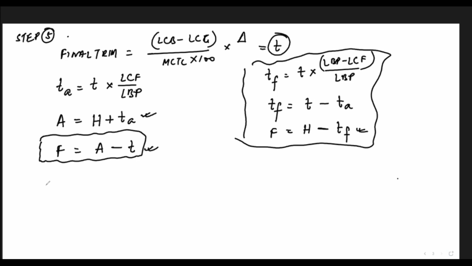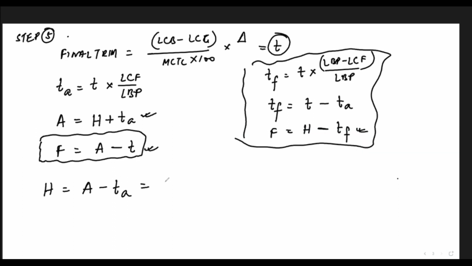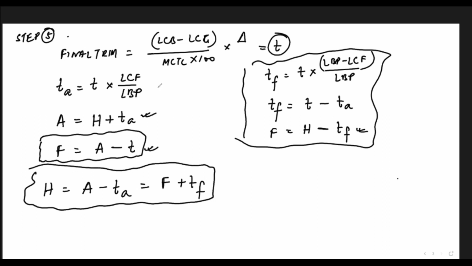Why? Because my hydrostatic draft, when I calculated, you see the formula that we have from before. Formula क्या है? H is equal to A minus TA is equal to F plus geometric. And इसमें से we are using ये दोनों को अलग अलग से. We are using this one and then this one with the other one. कुछ नहीं है, it is just एक का दूसरे से what is the relation.